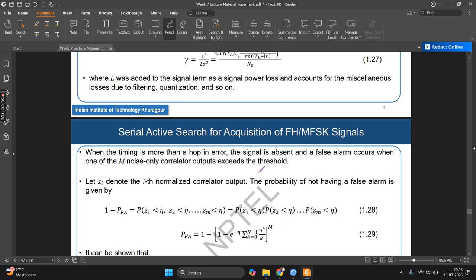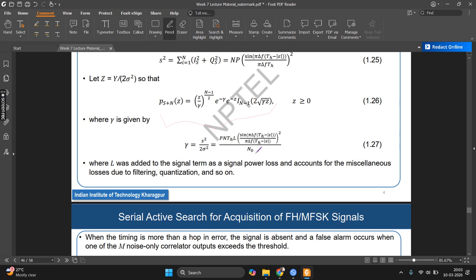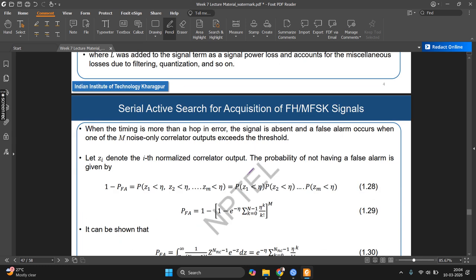So if a noise-only correlator output exceeds the threshold, you can have a false alarm.